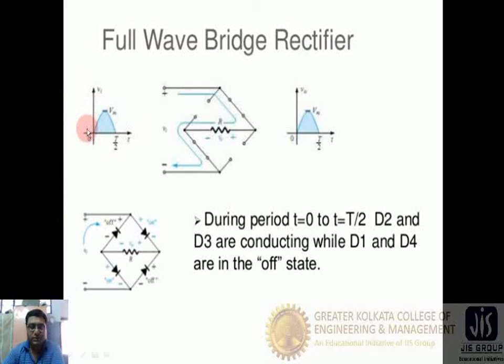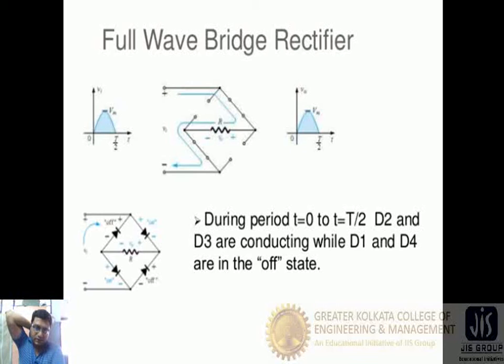It is the input signal during the period T0 to T by 2, that means for the first half of the input, D2 and D3 are conducting while D1 and D4 are in off state. That means D1 and D4 are in reverse bias and D2 and D3 are in forward bias.